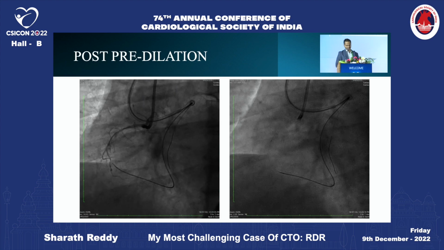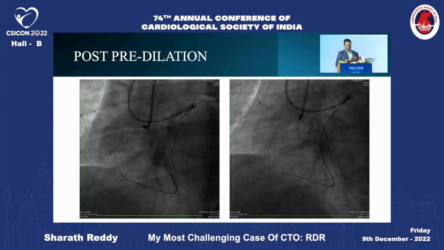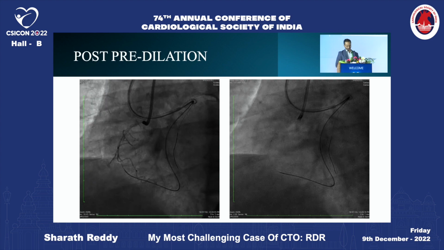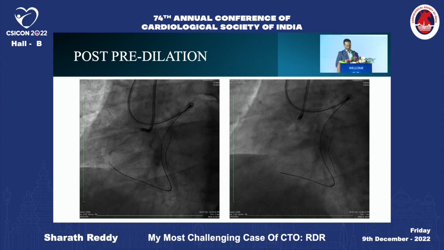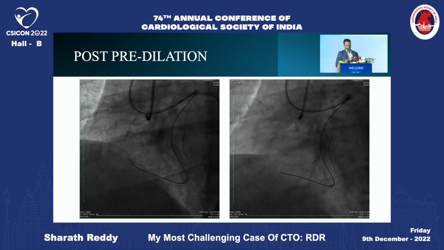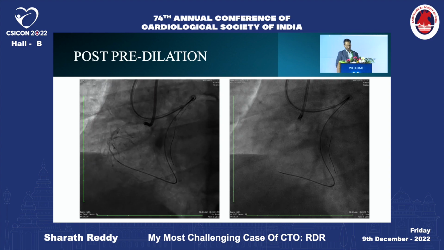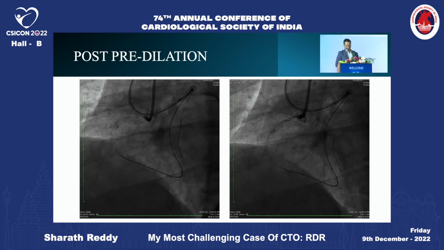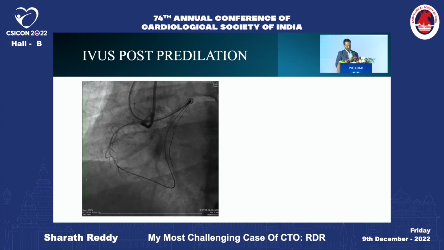We exchanged to RG wire, pre-dilated. So this injection is only to see, not really to see the distal vessel, because we have done a really traumatic retrograde wiring. We know that there are some dissection flaps. So yeah, we dilated, and subsequently we did an IVUS.